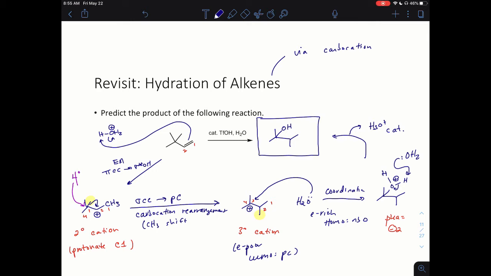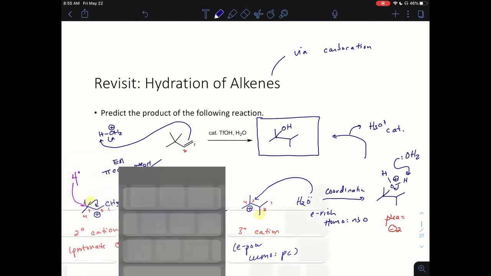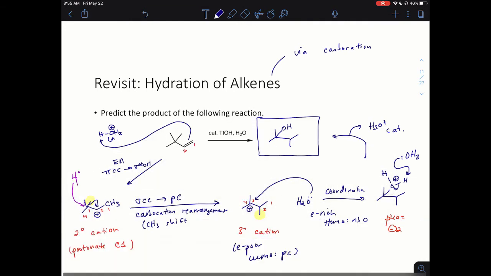So we observe hydration, or the addition of HOH across the two carbons of the alkene. But this happens with rearrangement.